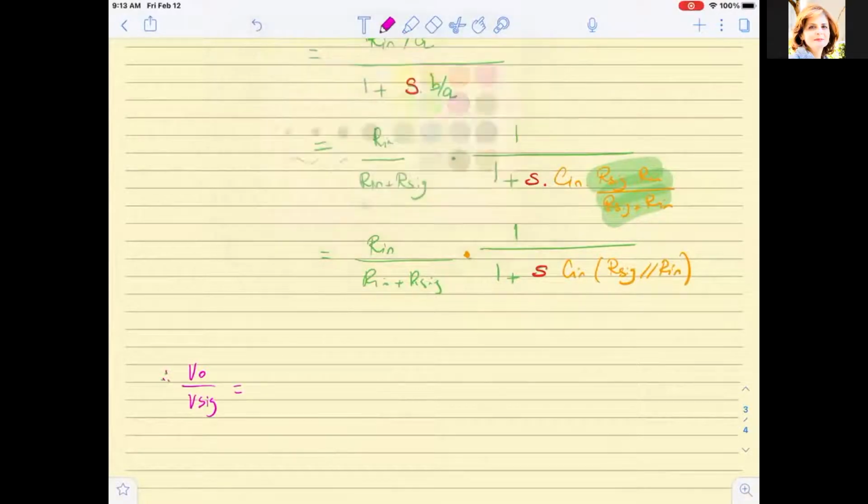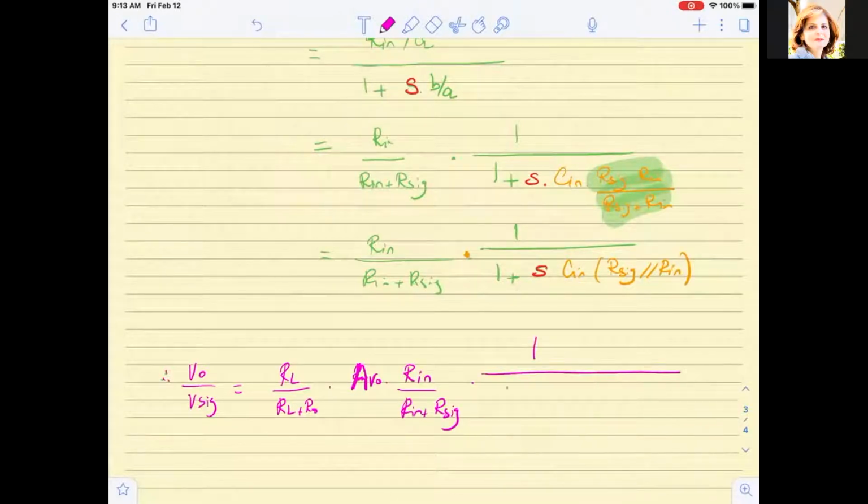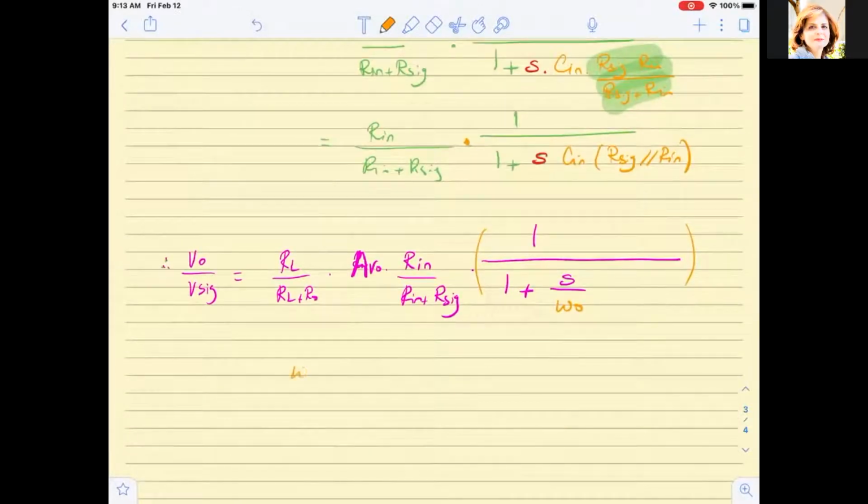It is going to be equal to RL over RL plus RO times AVO, times Rn over Rn plus R sig, times, we're going to write it in the form 1 over 1 plus S over omega 0, where omega 0 is equal to 1 over Cn into R sig parallel to Rn.